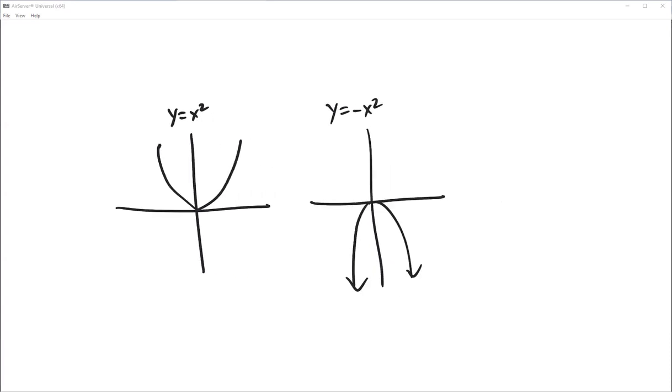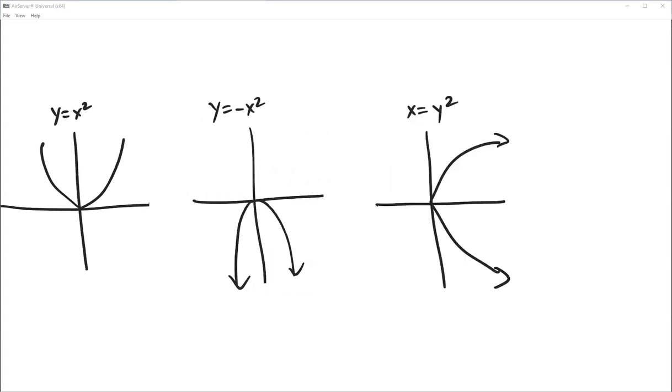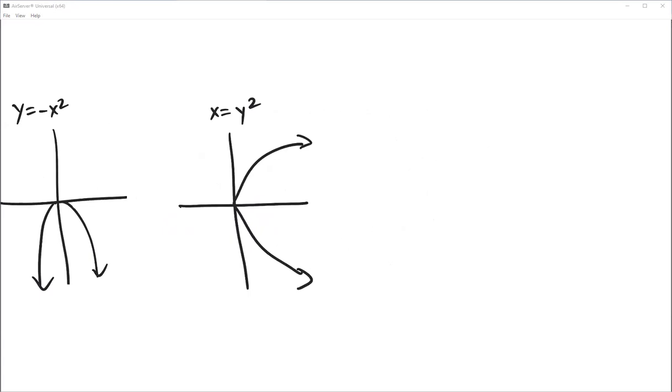And if I have x is equal to negative y squared, it's going to be pointing to the left.